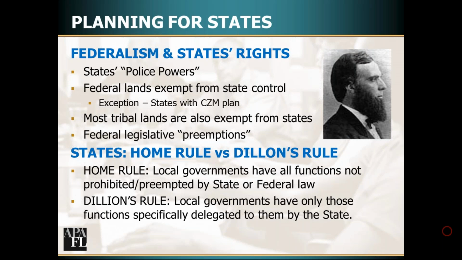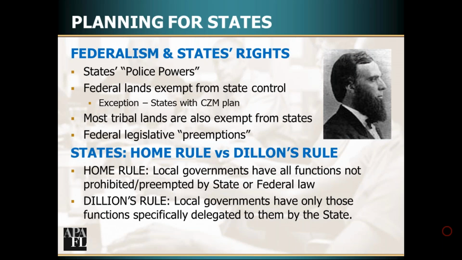As I mentioned, most tribal lands, those being the reservation and trust lands, are exempt from states. Federal legislation may preempt states from certain things, like the Telecommunications Act preempts states and local governments from regulating the electromagnetic radiation coming from telecommunications towers. Okay, the health effects, you cannot regulate that.